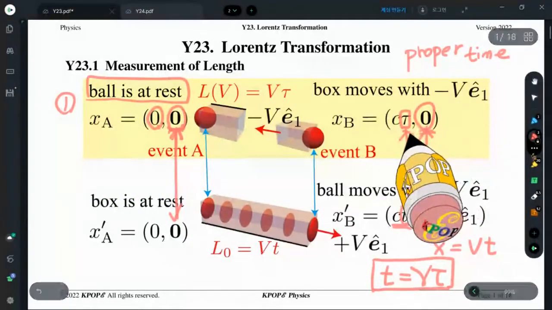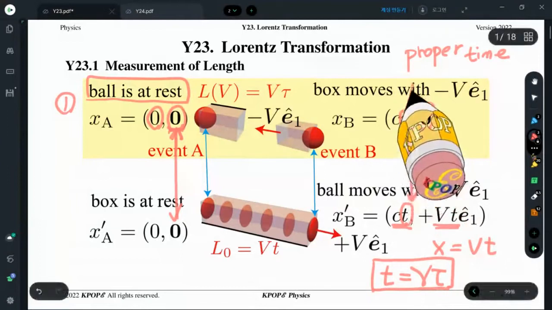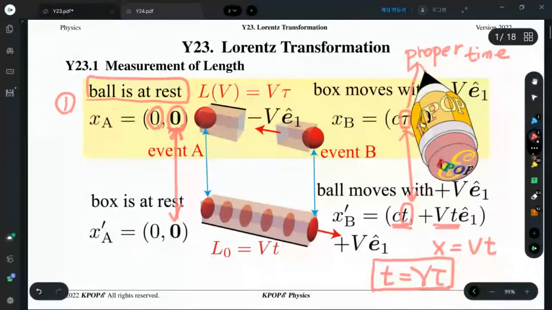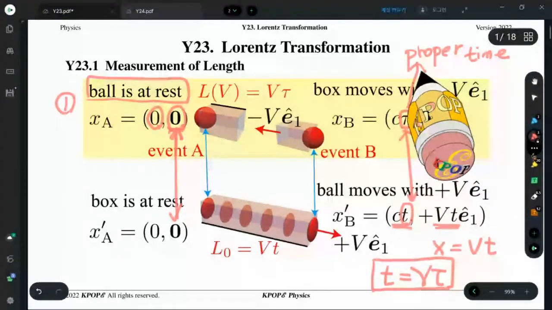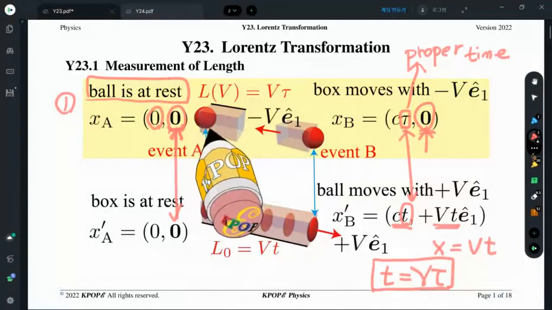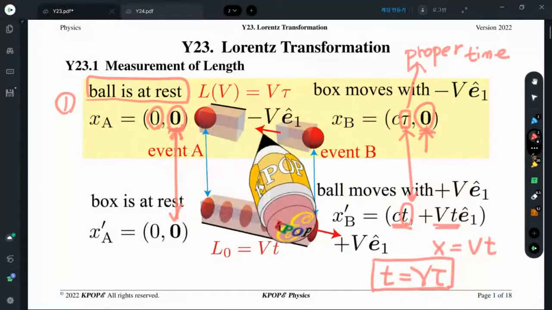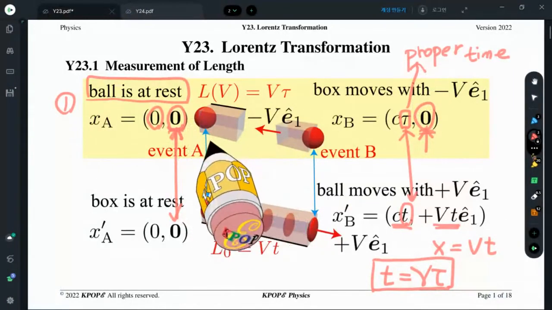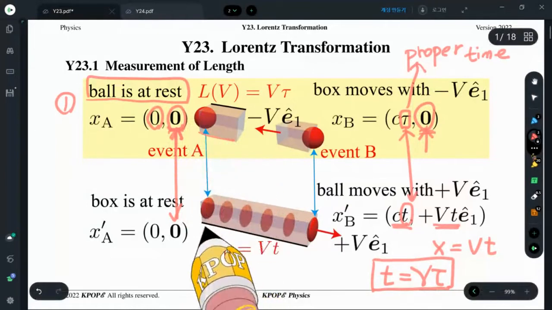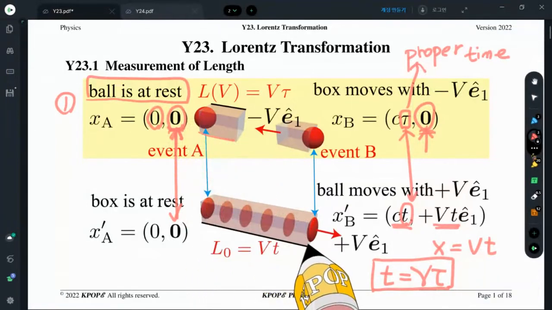Only time changes, but that time is proper time. Instead, this ball is passing through a box. You can see the length of this box and the length of this box looks different.